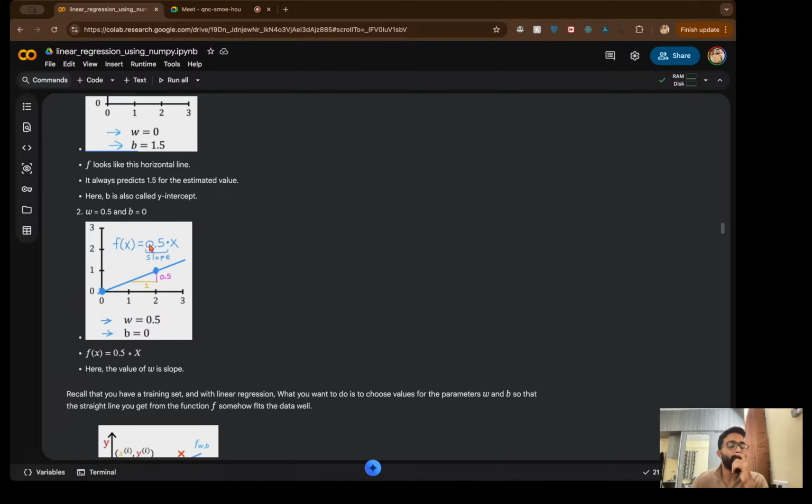And slope can also be calculated using tan theta. We are going back to trigonometry again. What is tan theta? Sin theta upon cos theta. What is sin theta?